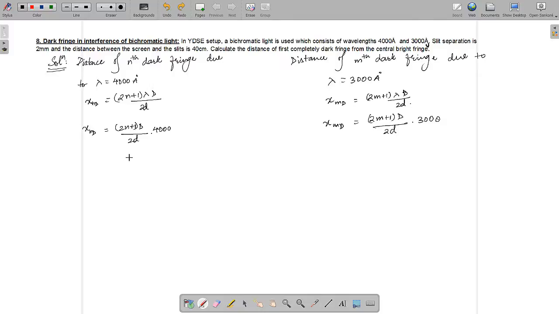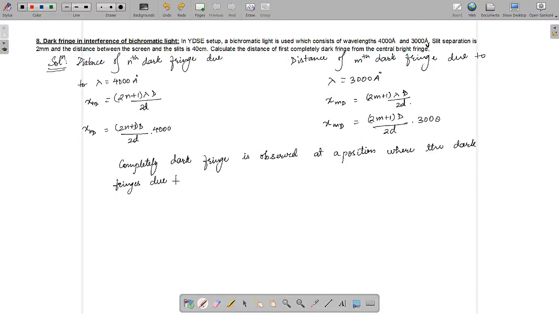Now a completely dark fringe is observed at a position where the dark fringes due to both lights coincide.